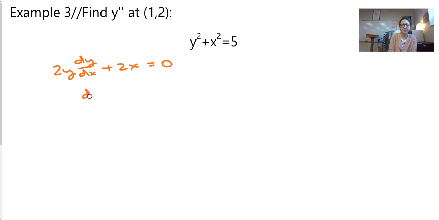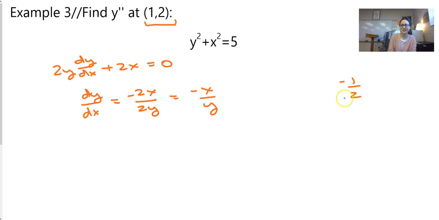For this one, I'm going to go ahead and get dy/dx by itself. So I would subtract 2x from both sides, right? And then divide by 2y. So I'm getting negative x over y for dy/dx, which, by the way, at the point (1, 2) would be negative 1 over 2, right? I'm going to kind of put that to the side here.